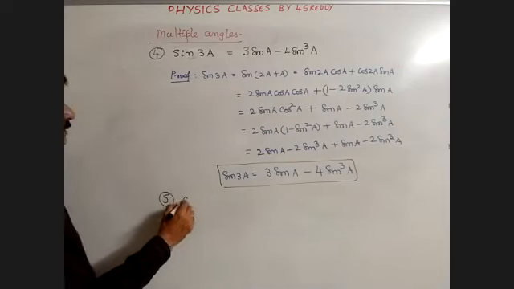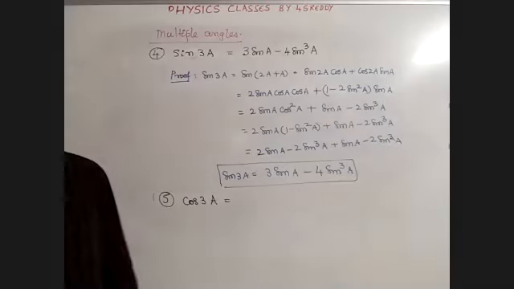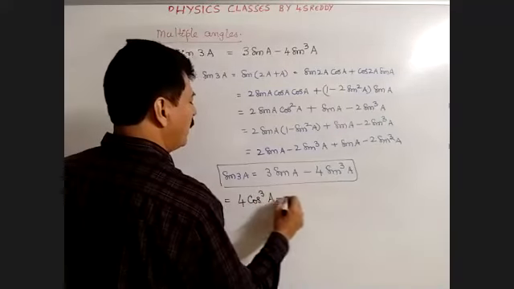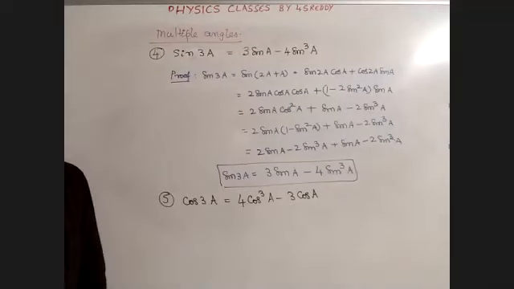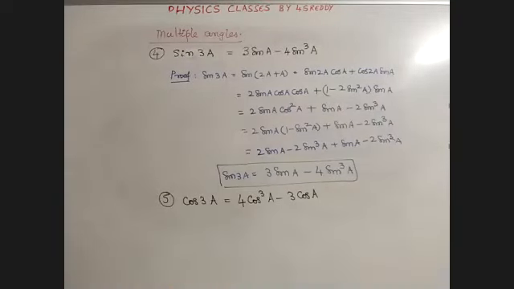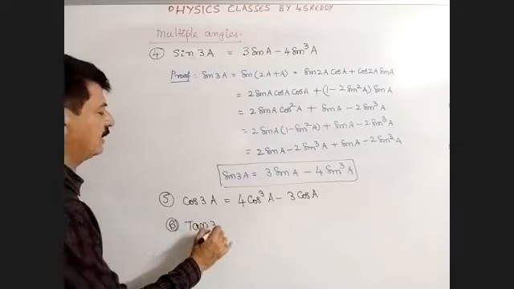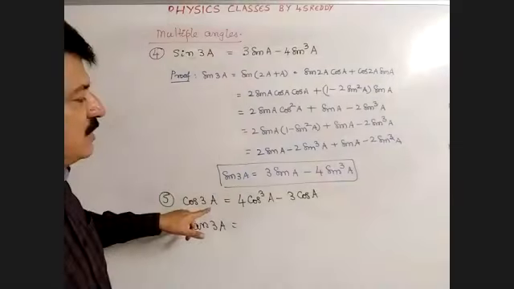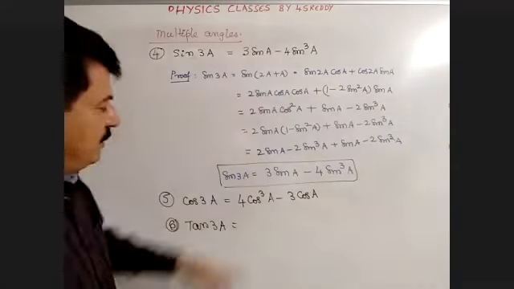Fifth one. Cos 3A can be written as, following the same method, 4 cos cube A minus 3 cos A. Tan 3A: if you want to prove this, cos 3A can be written as cos of 2A plus A. Same method you have followed.